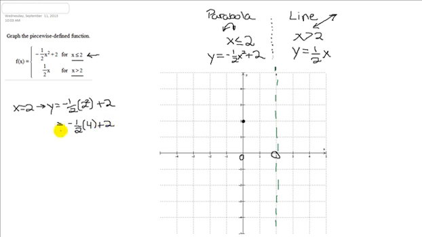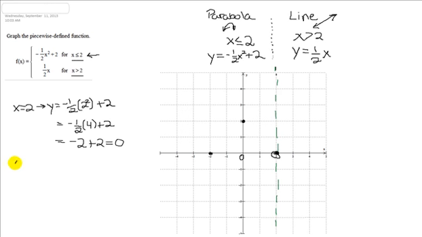And again, I'm sorry for my writing. I have to look at the screen while I'm writing on a template off to the side, so it's a little bit tricky here. Negative 1/2 times 4 plus 2. Well, negative 1/2 times 4, that's negative 4 over 2, which is negative 2 plus 2, which is 0. So when x is 2, my y value is 0 right here.